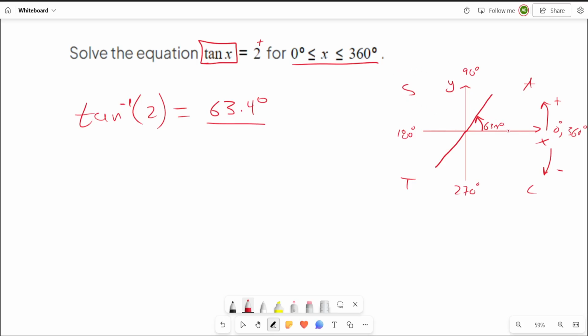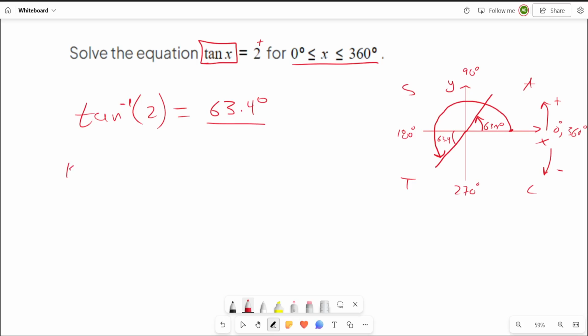To get the second answer, I'm going to also start from my positive x. I'm going to move anti-clockwise until I hit my next line. So I know that if this is 63.4, this is also 63.4 because they're vertically opposite angles. So this big angle that I'm trying to find is basically 180 plus this 63.4.